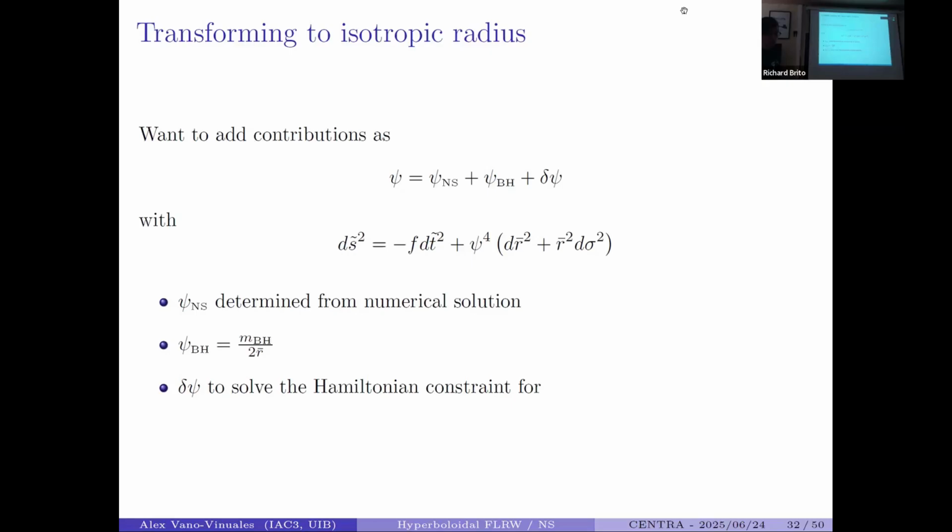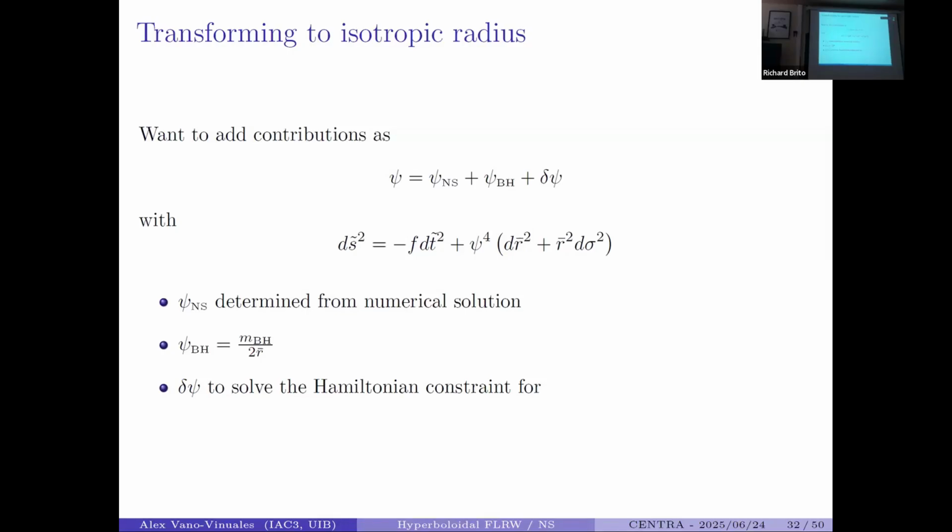Now, in terms of expressing things with the isotropic radius, this is the way we want the metric to look. So this will be the conformal factor expressed in this form, and this R bar is the isotropic radial coordinate. We can calculate this for the solution we found at the beginning, but it's all done numerically.